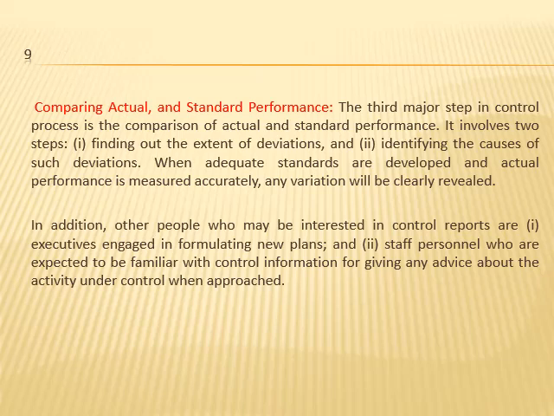They want to find out whether the various segments and individuals of the organization are progressing in the right direction. When the standards are achieved, no further managerial action is necessary and the control process is completed. However, standards may not be achieved in all cases, and the extent of variation may differ from case to case.